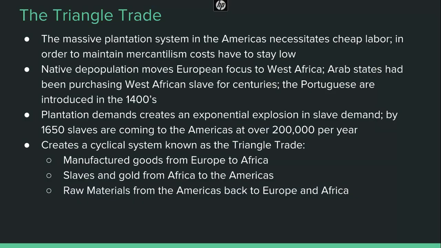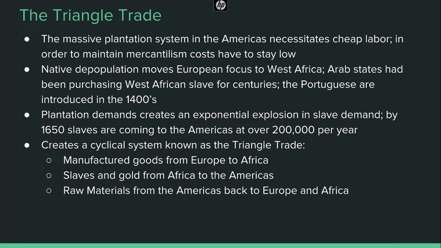Now, the plantation system in the Americas necessitates cheap labor. In order to keep the plantations and the encomiendas profitable, labor costs must stay low for mercantilism to function the way that it needs to.